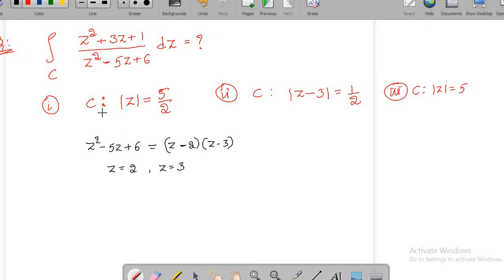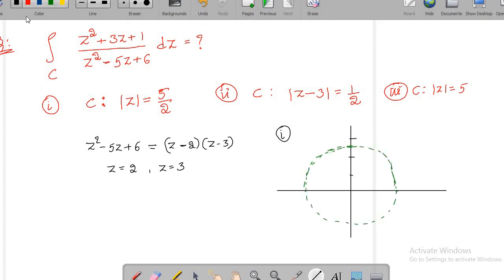So here, first let me draw the given curve. Let me do the first one. This is a circle centered at origin with radius 5 by 2, which means 2.5. Let me say this is 1, 2 and 3, so 2.5 is somewhere here. Now you need to draw a circle.